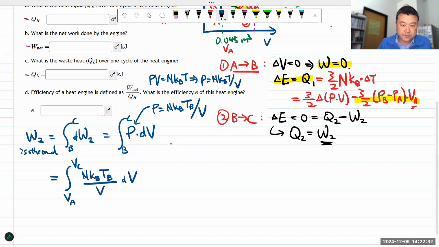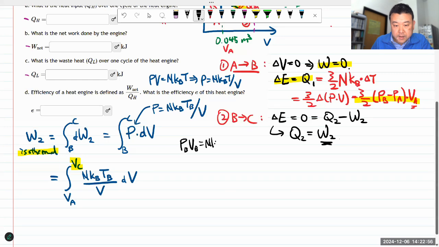Let me do some simplifications. This VC right now is another unknown, and I really don't want to have a lot of unknowns. So this is where we use the fact that it's an isothermal process. At the beginning of the process, PBVB is equal to NkBTB.